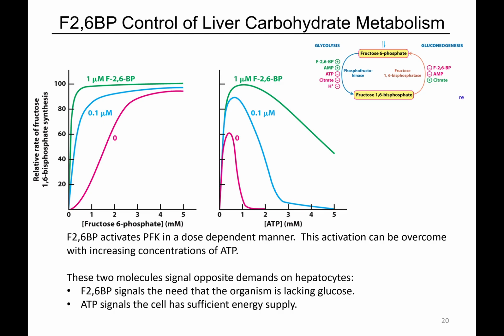Okay, the fructose 2,6-bisphosphate signal is much, much stronger, right? We think about these concentrations. We are talking about millimolar ATP to start overcoming nanomolar or micromolar F26BP, right? So the organismal demands really matter.